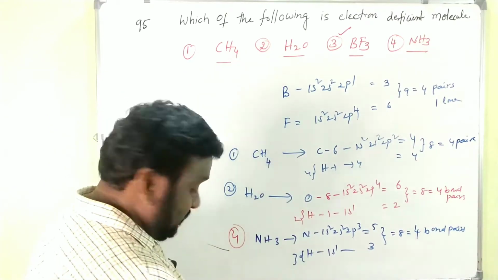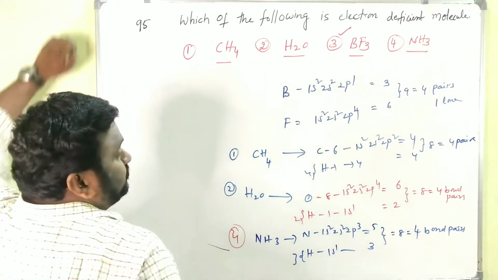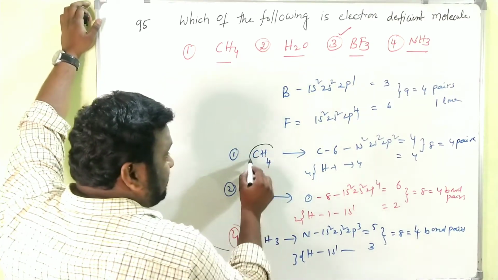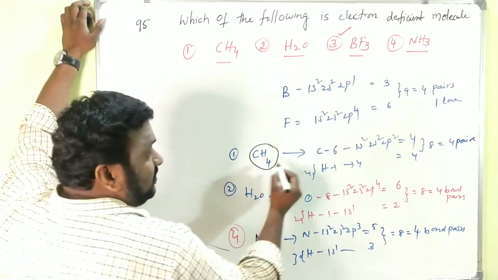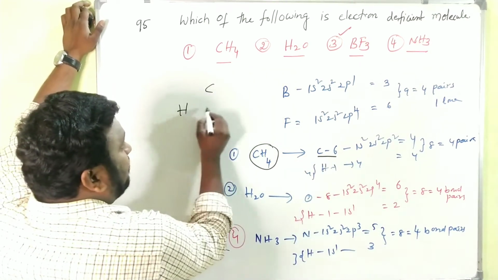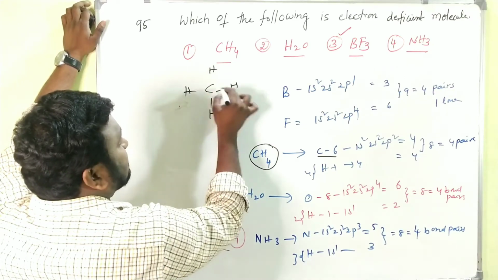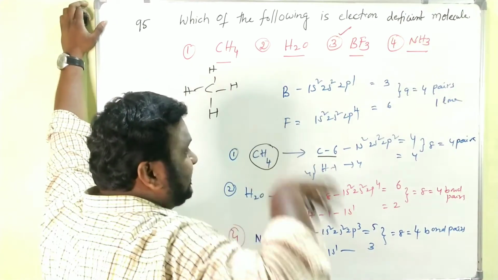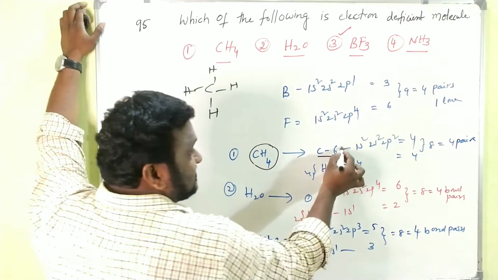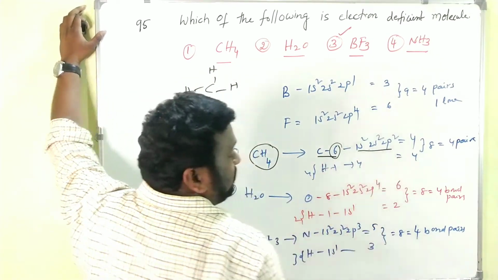Let's go for that. The first thing, I am going for CH4. CH4 is methane, and the central atom is carbon. Later we will see in detail. Carbon has 6 electrons. Its configuration is 1s2, 2s2, 2p2.